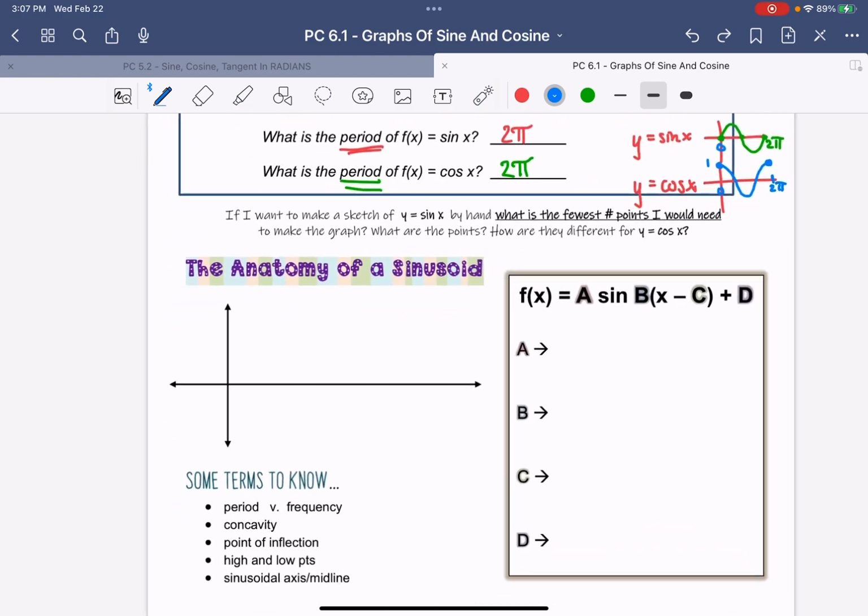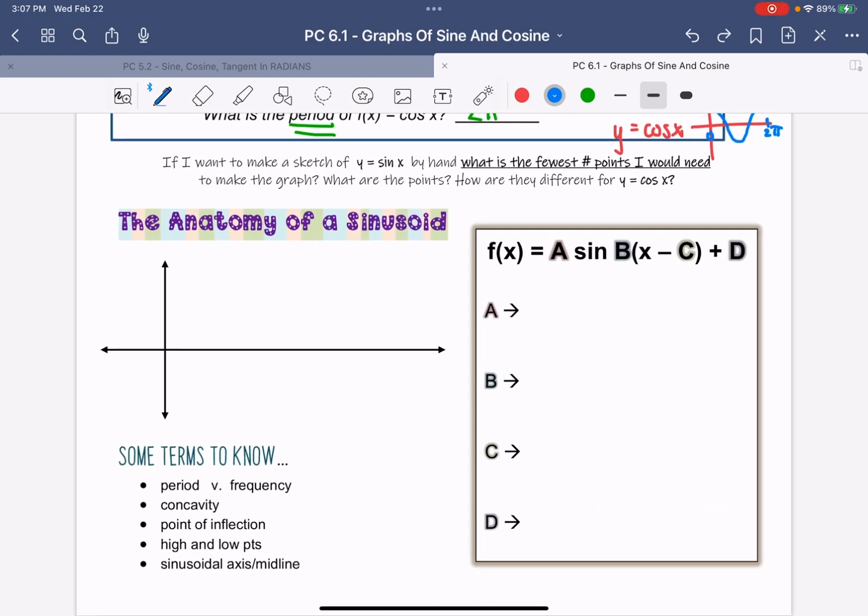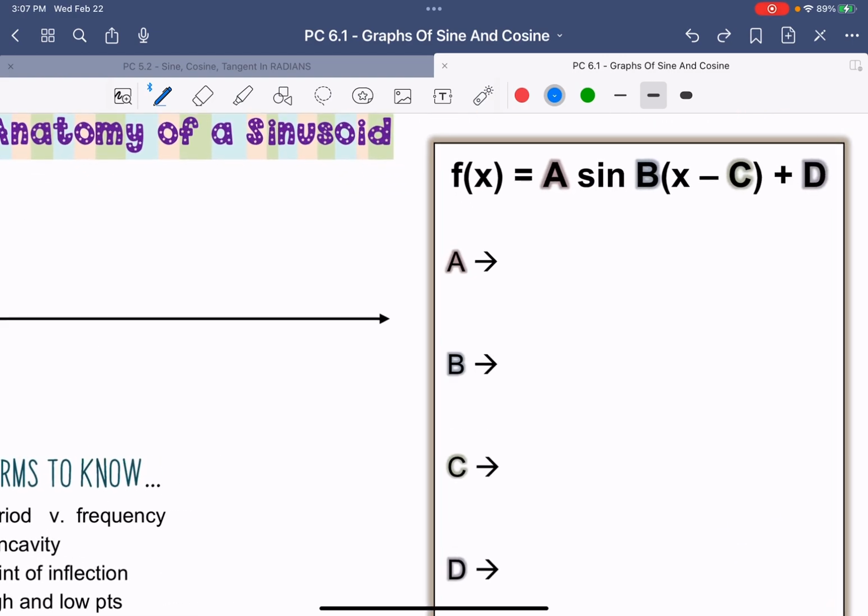Okay, we have some new terminology, some terms to know here. So A, and I should say actually the absolute value of A, is going to be called our amplitude.